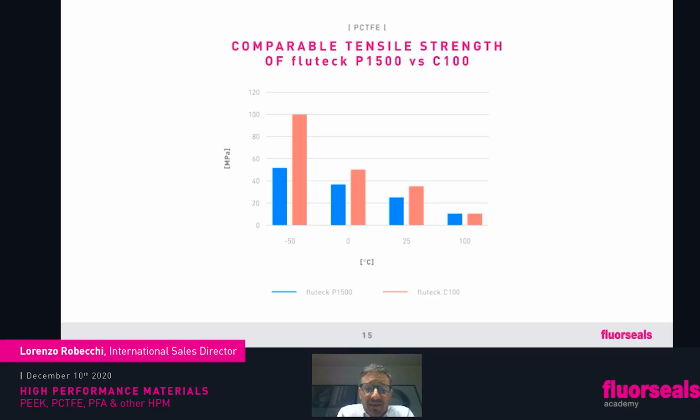PCTFE is more than double as strong when it comes to tensile strength in megapascal compared to premium PTFE. Okay, and this is again quite an information. Going up in temperature, this goes away. That's what I said. If you need PCTFE, consider what it costs. It has a reason at lower temperature.